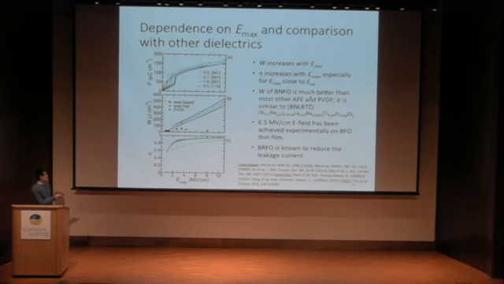Only this recently found complex relaxor, BNL-BTZ, has a comparable energy density to what we predict for BNFO. And this vertical dashed line is the electric field that has been achieved in pure BNFO thin film. And at this field, the energy density is in the same order as supercapacitors, so it's quite good.